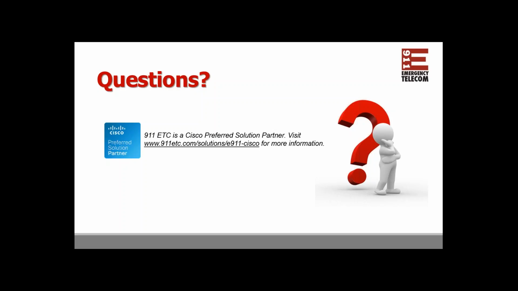Next question is, does CER work with PBXs from other vendors, for example, Avaya? No. That's kind of the difference between Avaya and Cisco. Avaya allowed their partners to develop their own E911 IP discovery and notification. Cisco has their own homegrown solution.